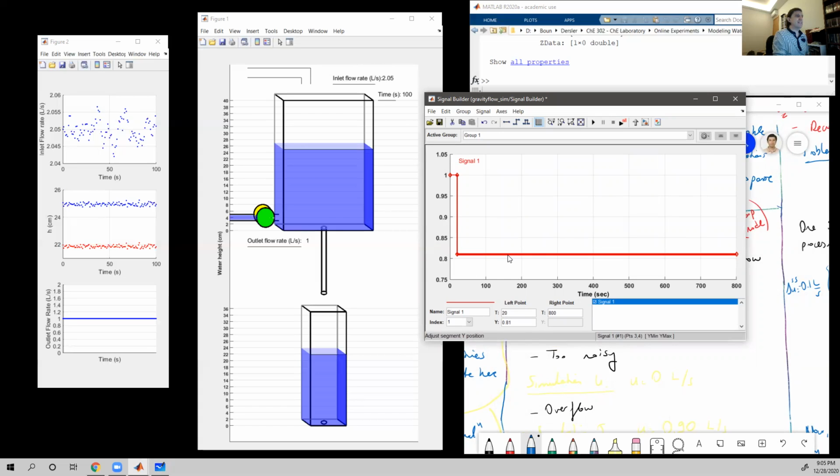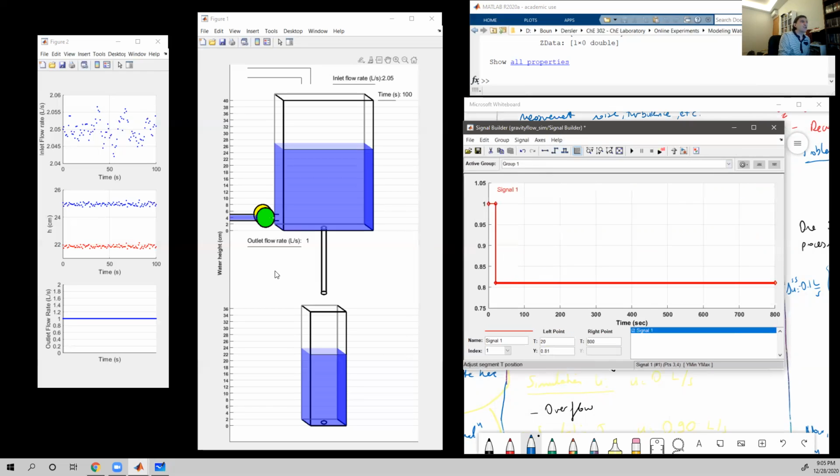Then after 20 seconds, I'm going to change it to 0.81 liters per second. Now what we would like to do is explore the dynamics of the process. So what should this outlet flow rate change from 1, where 1 corresponds to the current operating point, so that we can observe and understand the dynamics?